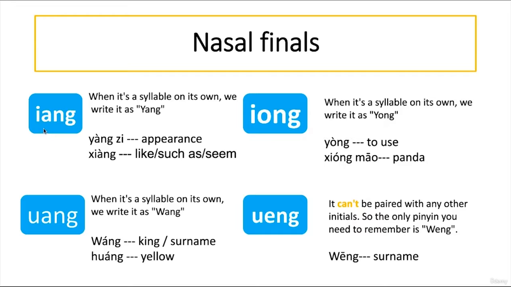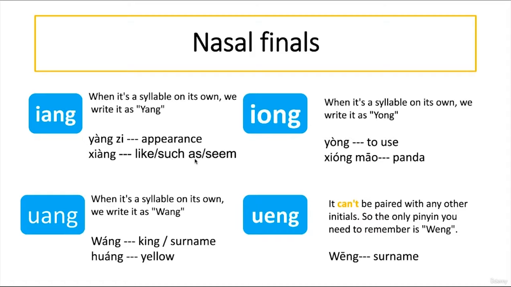Iang is pronounced as yang. When it's a syllable on its own, we write it as yang. For example, 样子 means appearance. 像 means like or such as or seem.